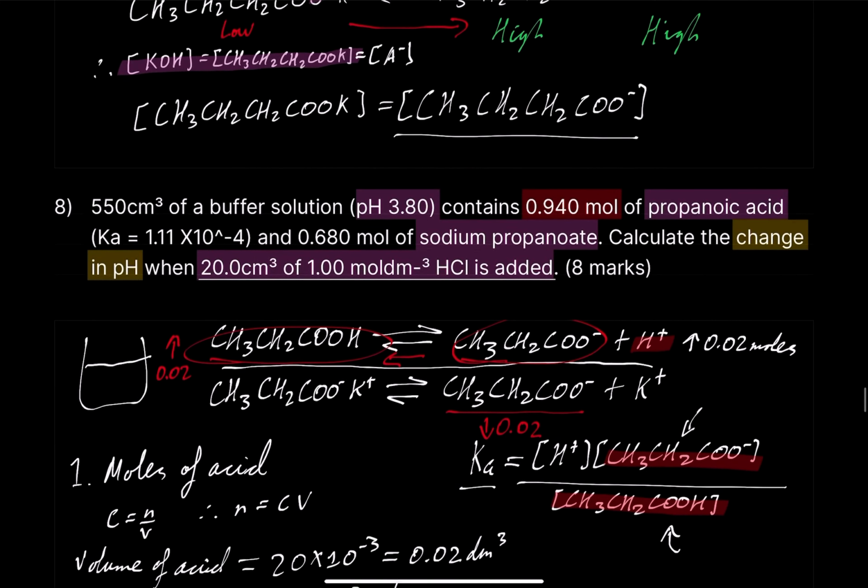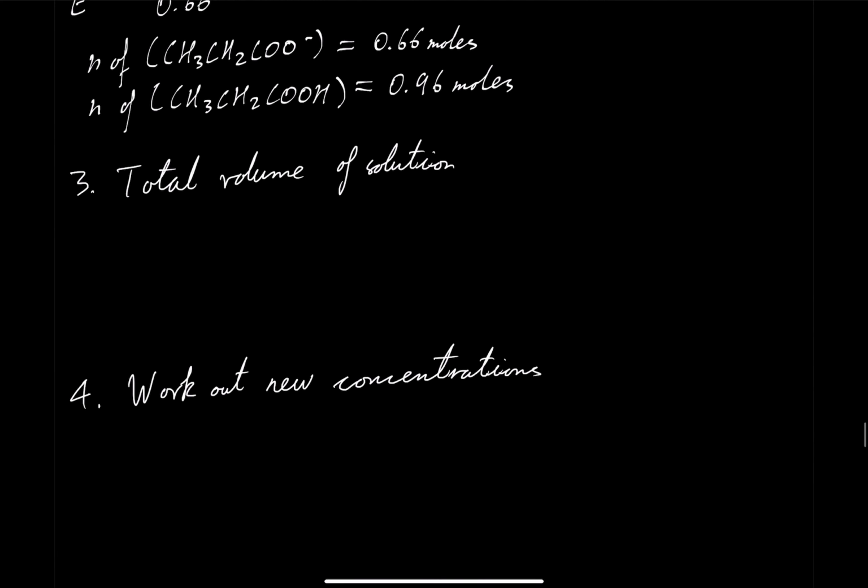Now we know that we have 550 centimeters cubed of the buffer solution, and we're adding 20 centimeters cubed of acid, right? So that means we just add them together. So it would be 550 plus 20, which is 570 centimeters cubed of our total solution.